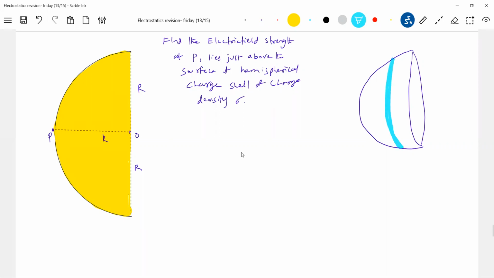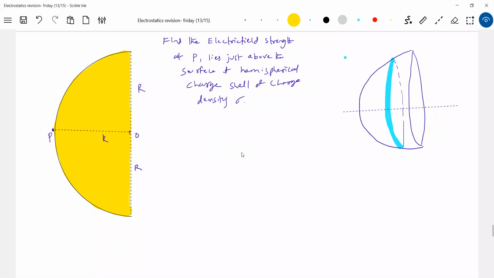Why should you not? See, there's no problem with the ring. You can find the field at this particular point due to the ring. But when you apply limits, what should be the limits? Upper and lower limits will be there, no?